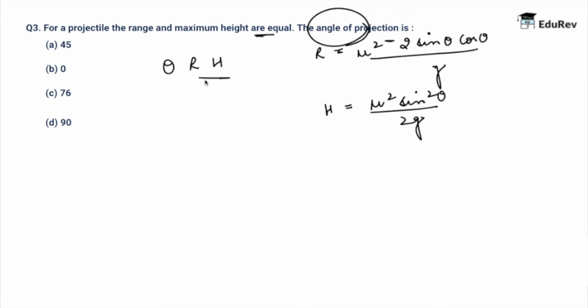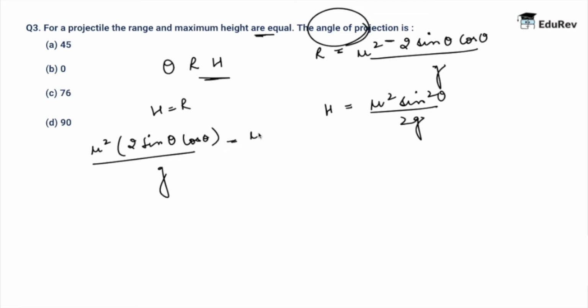Now h is equals to r in this case. So I am going to write and equate these two. So it's going to be u square 2 sine theta cos theta by g, which is equals to u square sine square theta by 2g.